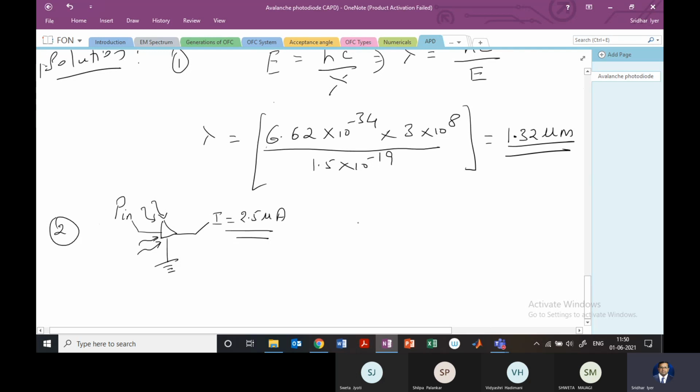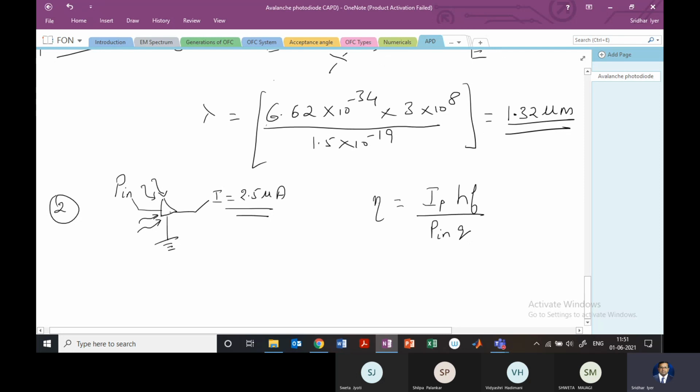We can use the standard equation of quantum efficiency relating to the current. We derived that yesterday, I'll rewrite it here. Eta is Ip h f divided by P in q.